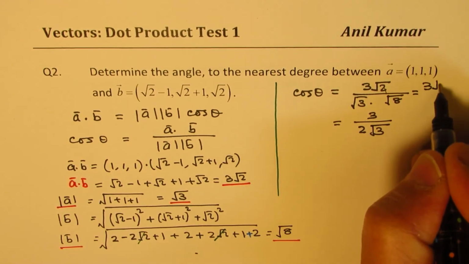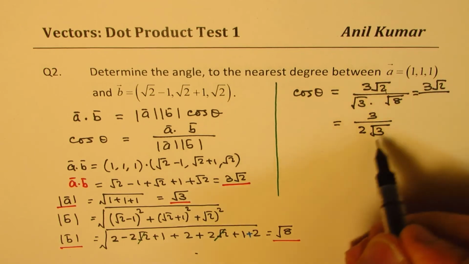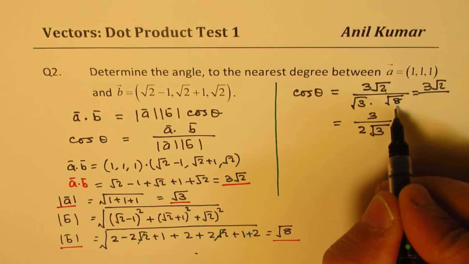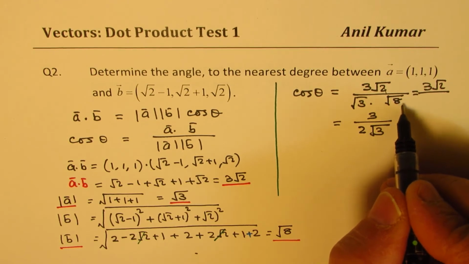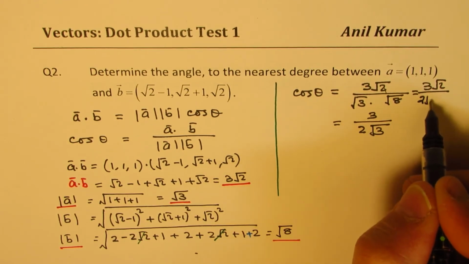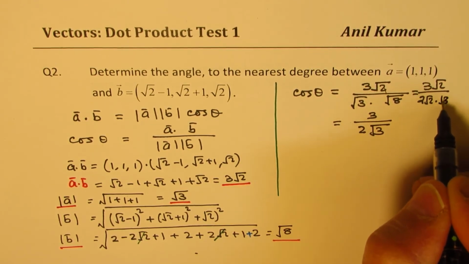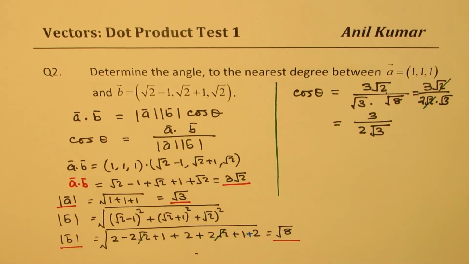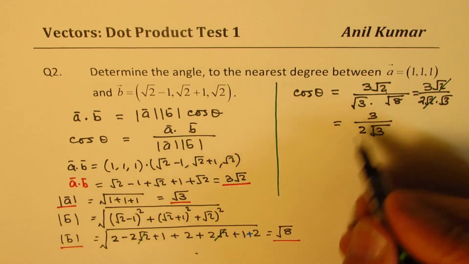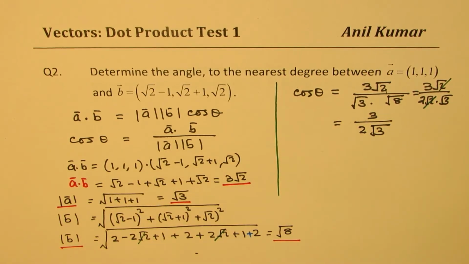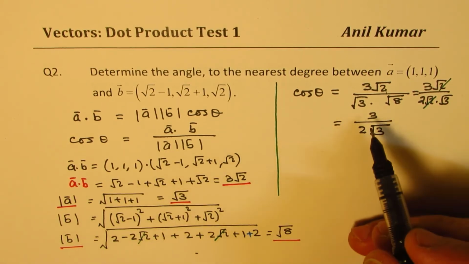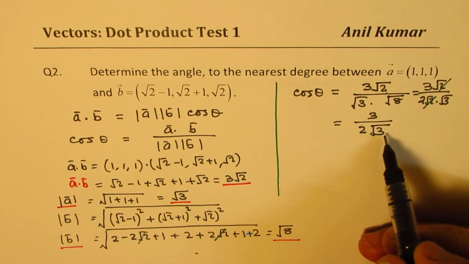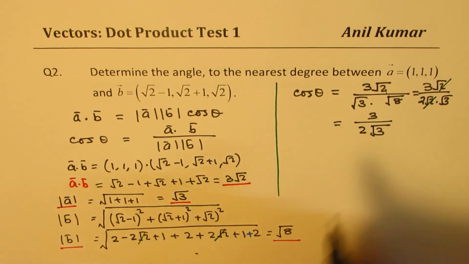I'll write 3 square root 2 in the numerator, and in the denominator, I'll write this square root 8 as 4 times 2. So I could write this as 2 square root 2, and we have square root 3. Is that clear to you? So this square root 2 cancels. So what we get here is square root 3 over 2 square root 3, right? So that's what we get.